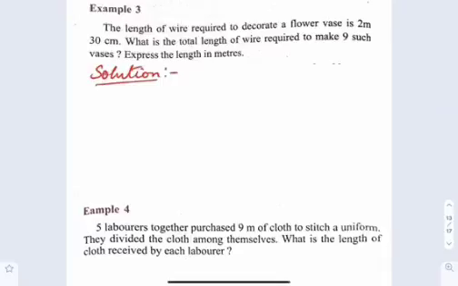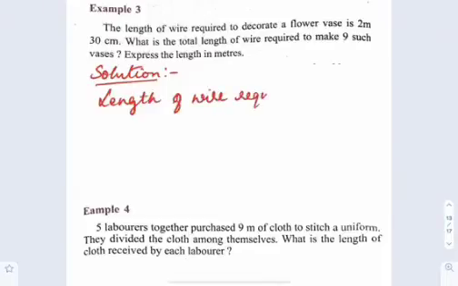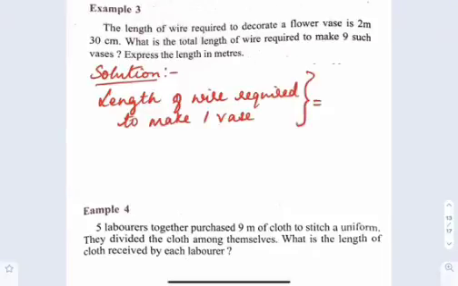Length of wire required to make one vase is equal to, how much is being given? 2 meters 30 centimeters.